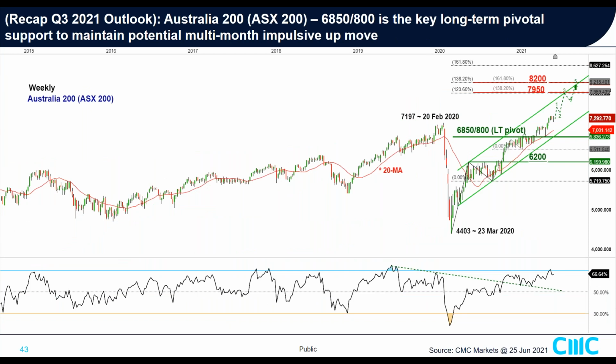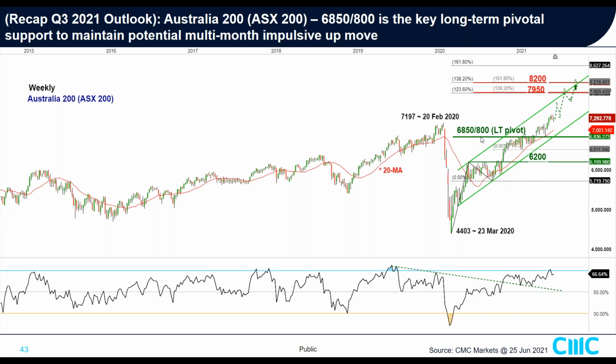Now for Australia, Australia 2000. What we see over here is the last quarter outlook. We have this key long-term pivotal support at 6,850/800 level.